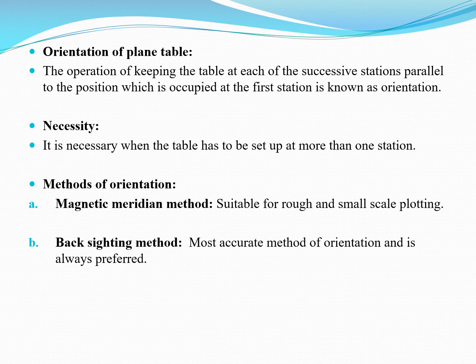Initially the point P is on the sheet as well as on the ground. With the help of the alidade, bisect the ranging rod at point Q, measure the distance, and taking a suitable scale, draw that line PQ on the sheet.